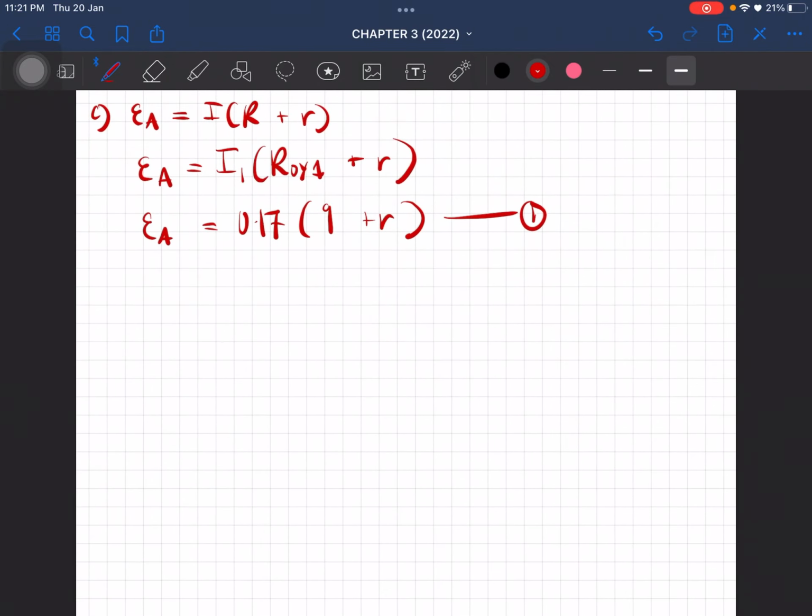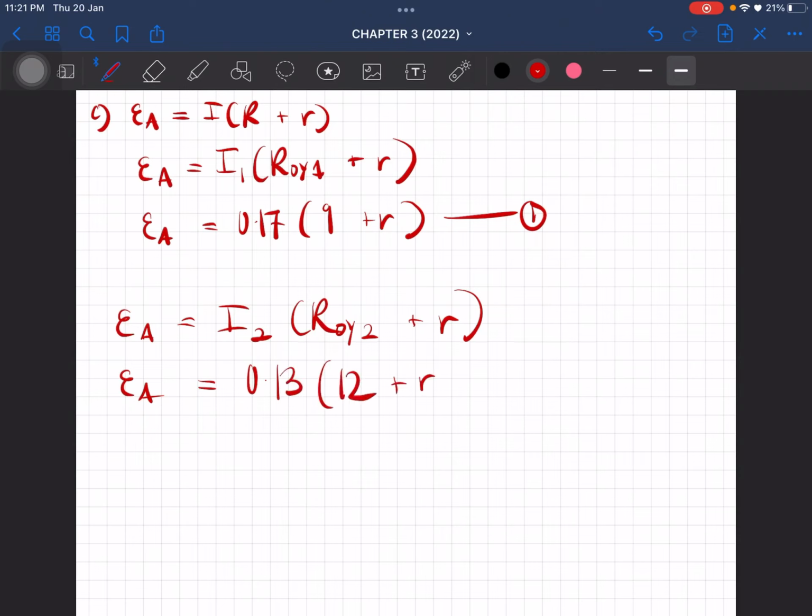Okay, and then we are going to use the second one, so which is I2 ROY2 plus small r. Okay, so dari sini epsilon A equal to 0.1312 plus r, which is our equation 2. So we can equate these two equations. So you should get r to be equal to 0.65 ohm.